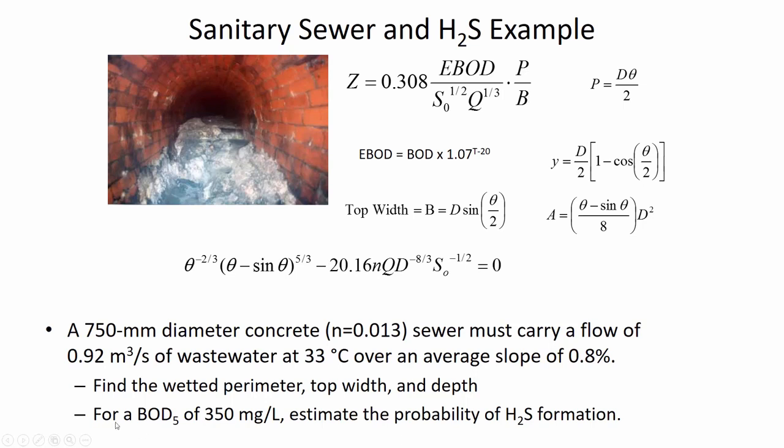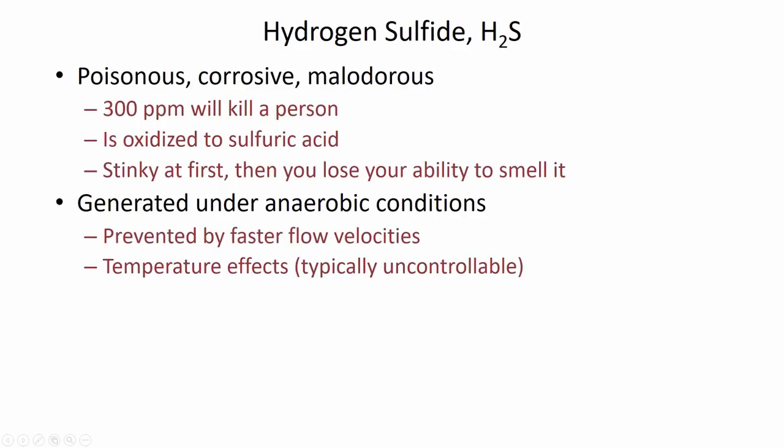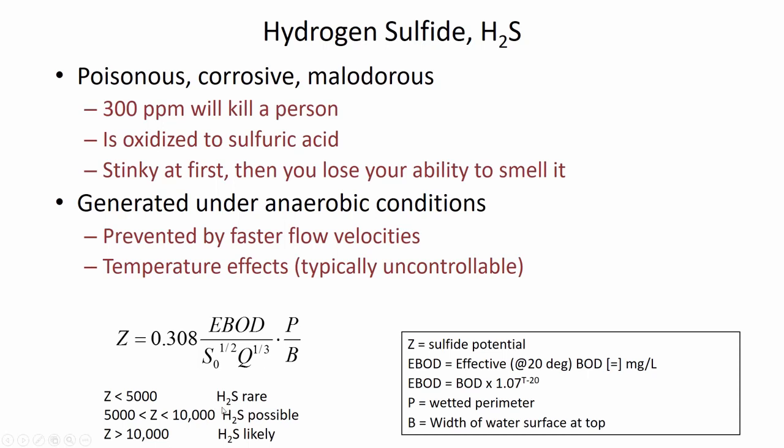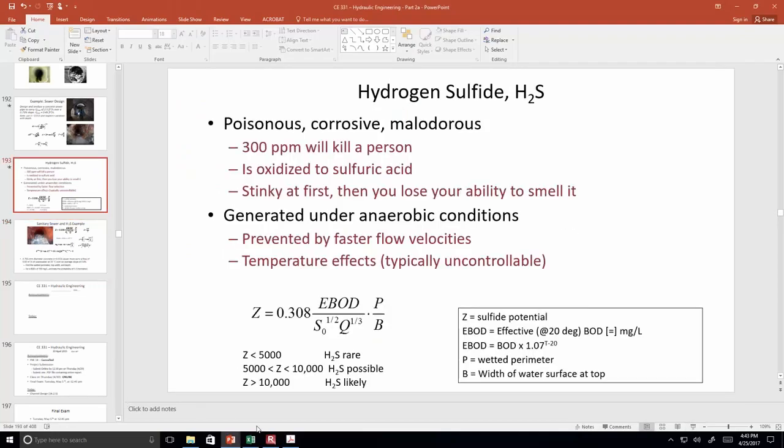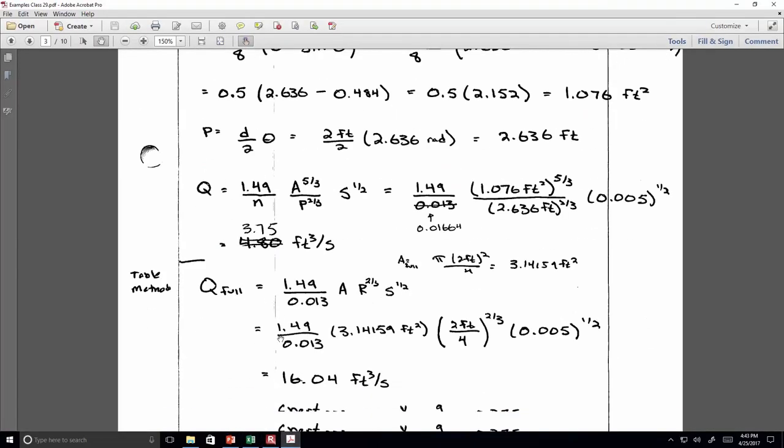And so once we have those parameters, then we're going to look at, for this BOD of 350 milligrams per liter, what's the effective BOD, and then what does that all mean relative to this chart of Z potential? How likely is it that hydrogen sulfide is going to form?